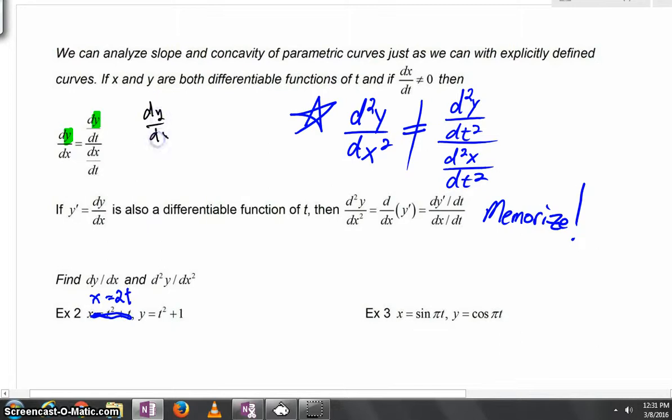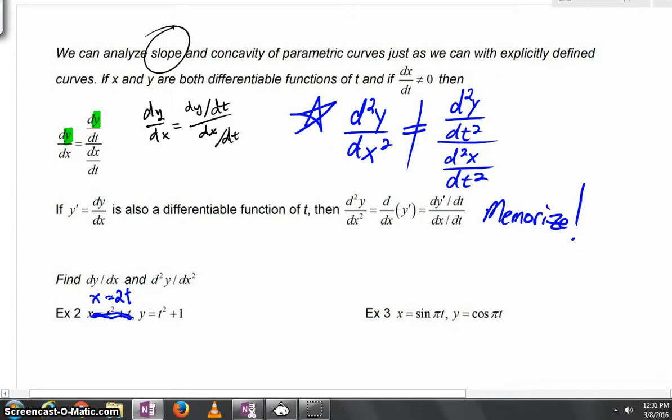Like a dy/dx, which is still going to represent a tangent line slope. It's always dy/dt all over dx/dt. In other words, take your derivative of y with respect to t, take your derivative of x with respect to t, divide this out, and you'll get dy/dx. And that's how you're going to be able to analyze tangent line slope, of course.